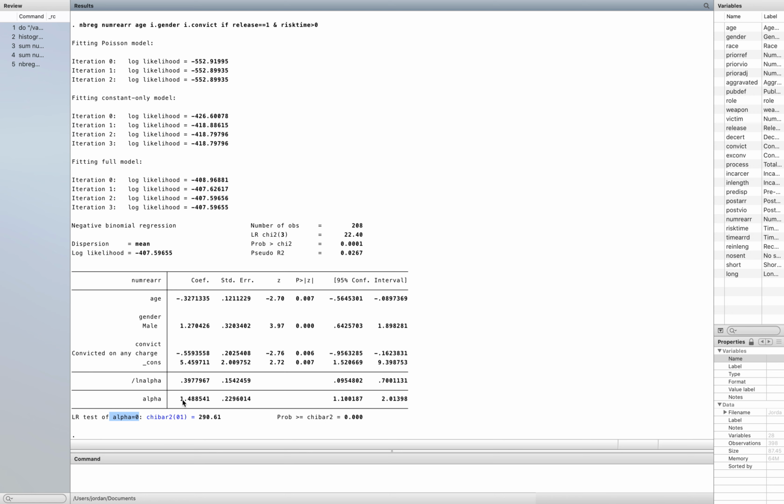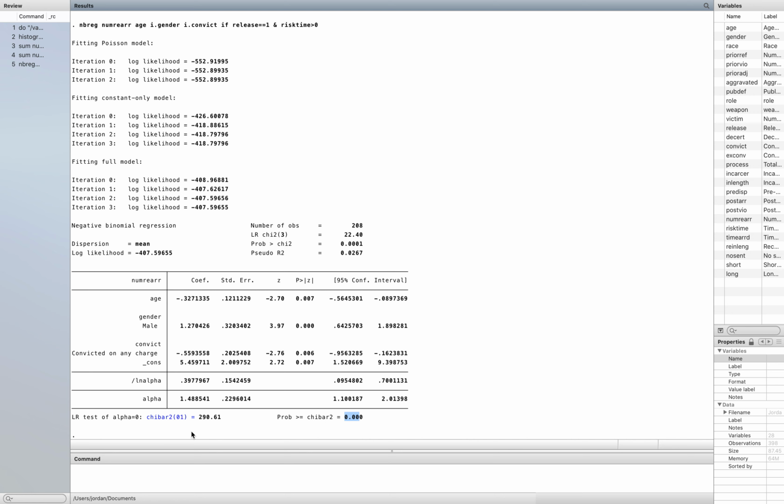If it's equal to 0, your probability would be more than 0.05. Here, after doing all of the tests, the value of that test is significant, which means your alpha is not equal to 0. You reject that null hypothesis of alpha equal to 0.